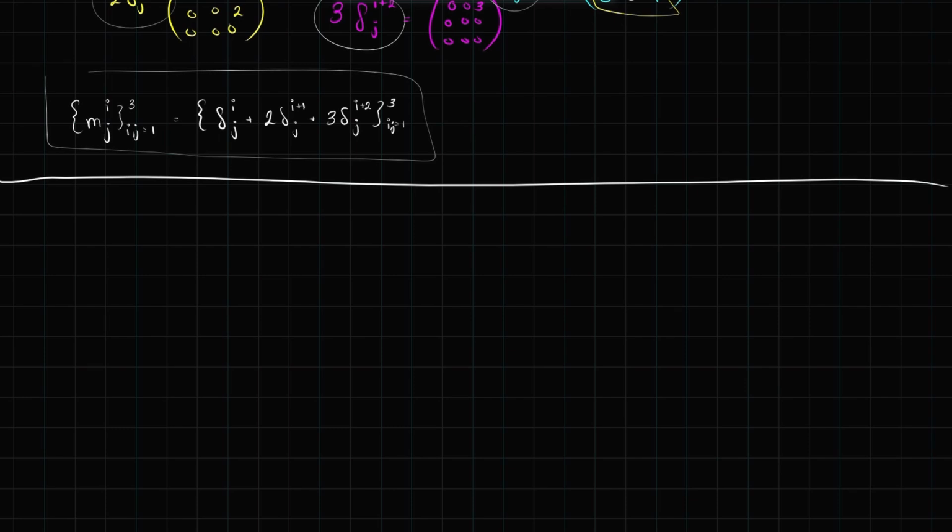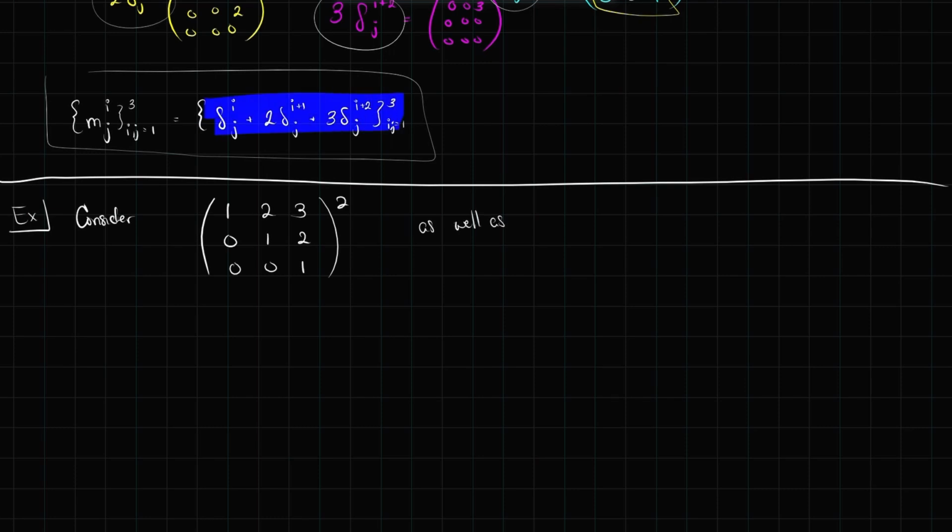So let's consider the matrix 1, 2, 3, 0, 1, 2, 0, 0, 1 squared, as well as what I've just computed squared, and using the Einstein notation correctly. So let's go delta_ij plus 2 delta_(i+1)j plus 3 delta_(i+2)j.